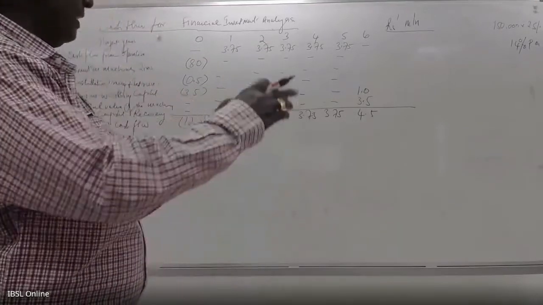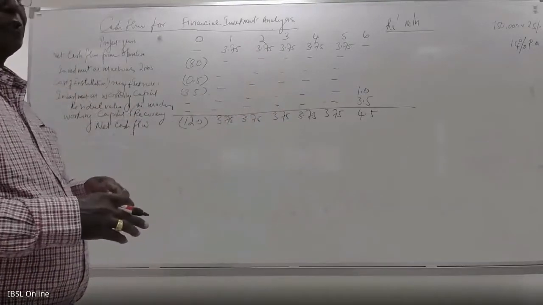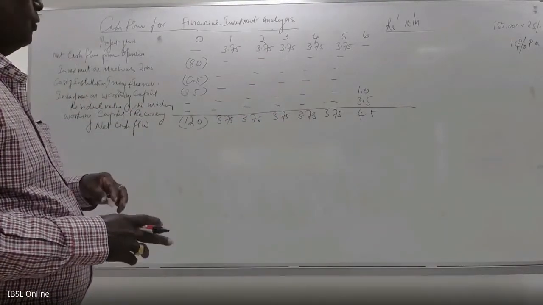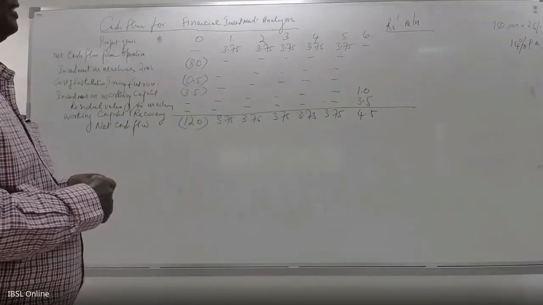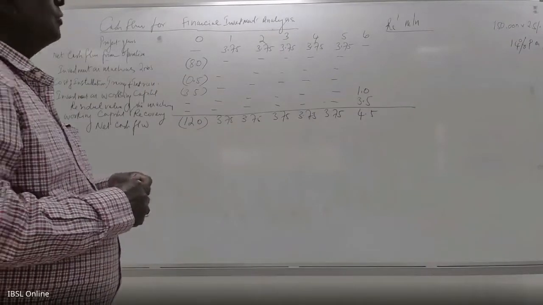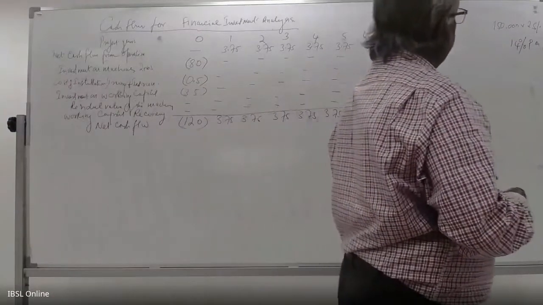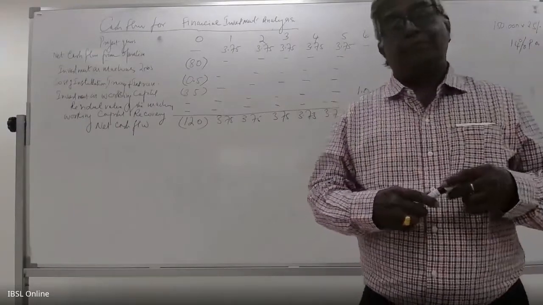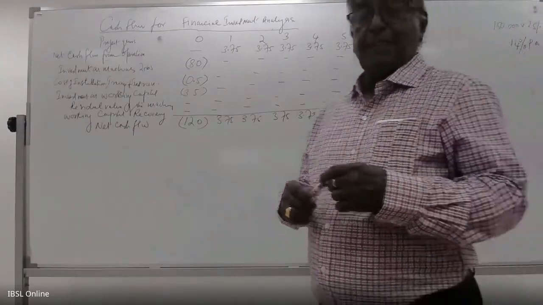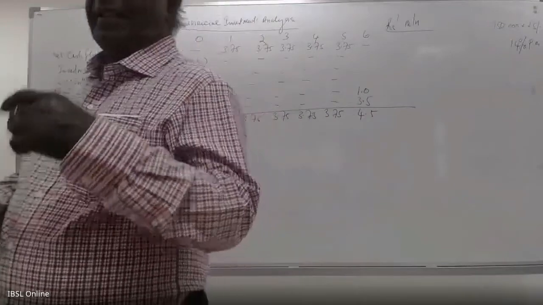So now this is the cash flow. This one you are going to convert into a discounted cash flow. You are going to do the discounting on this net cash flow. They are planning to borrow this from a bank at 14% per annum. So now you work out.